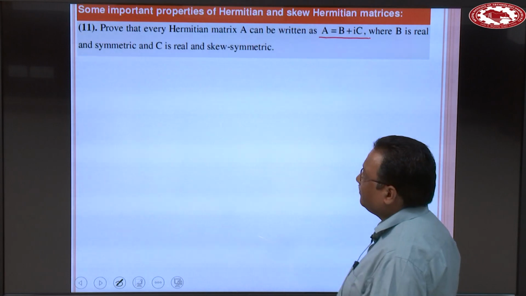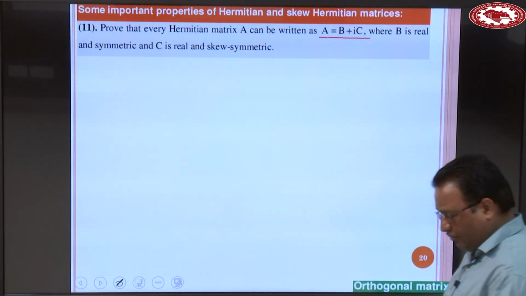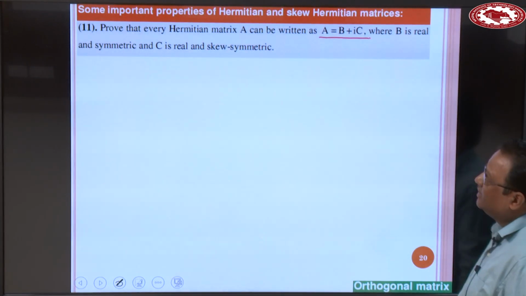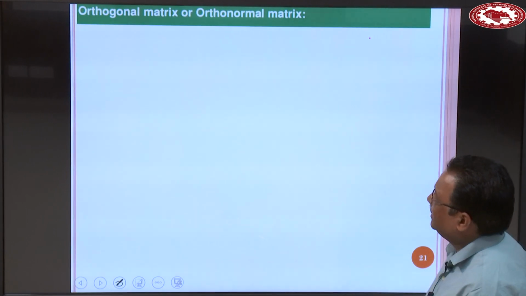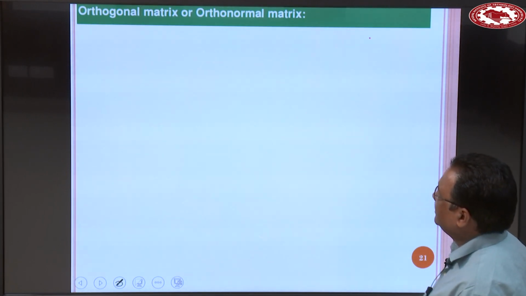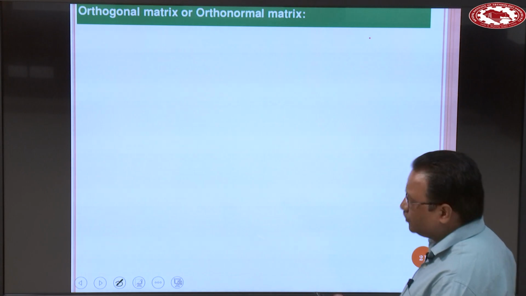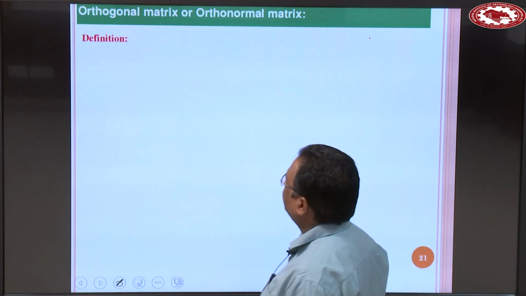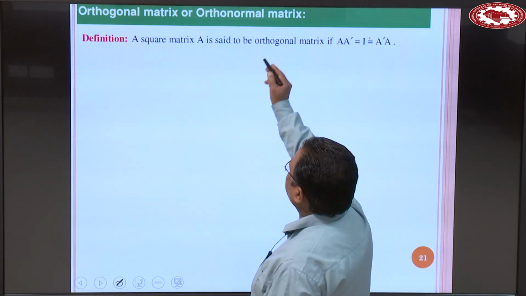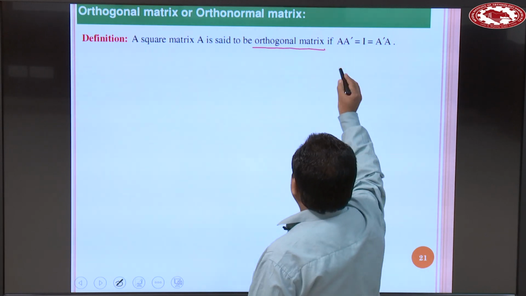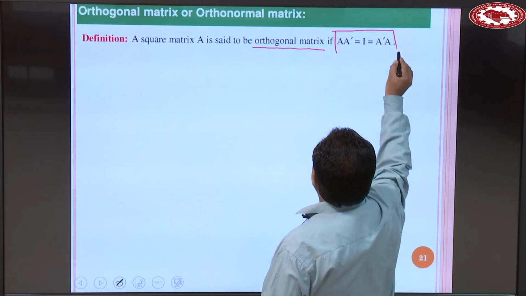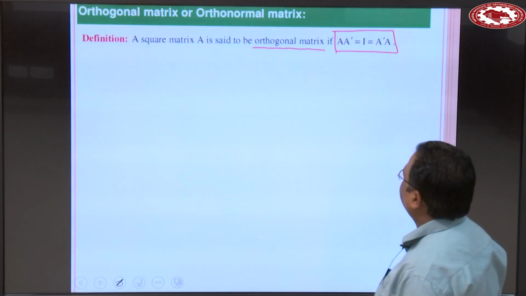Then one more definition, the last two or three definitions. What is an orthogonal matrix? This matrix is also known as an orthonormal matrix. A square matrix A is said to be an orthogonal matrix if A dash A is equal to I is equal to A A dash.